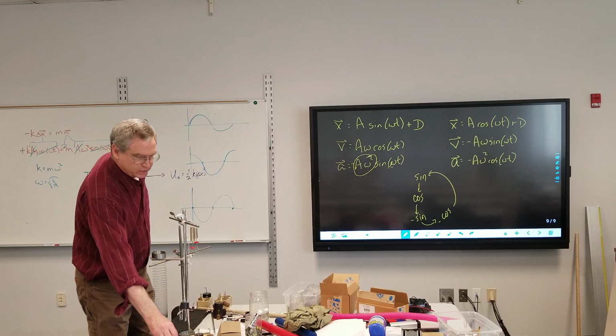And so I can just put it on my meter stick. I'm going to use the red indicator. So it is at an initial position of 45.7 centimeters. That's the initial position. I'm going to add a 200 gram mass to it.